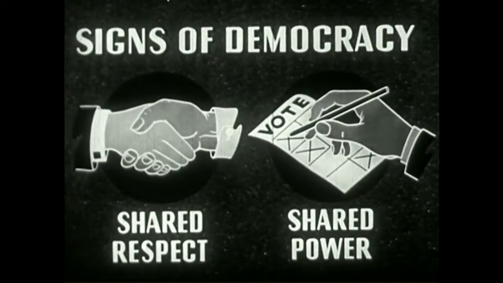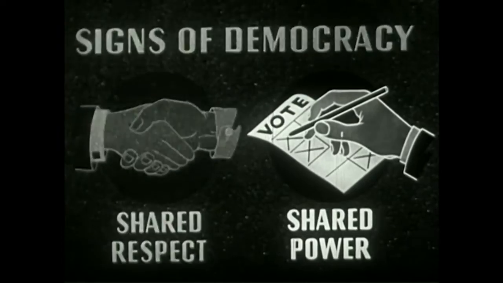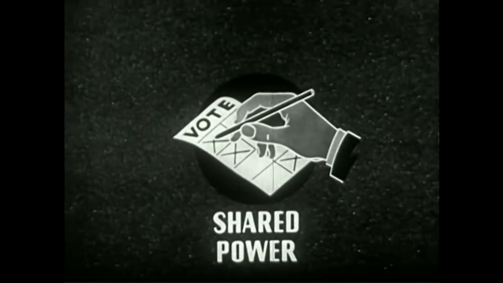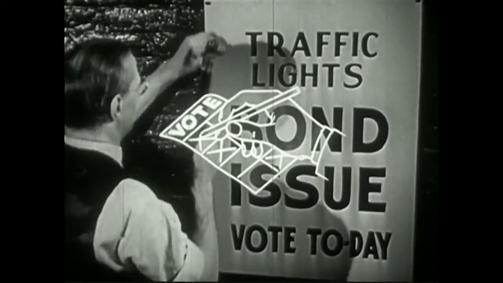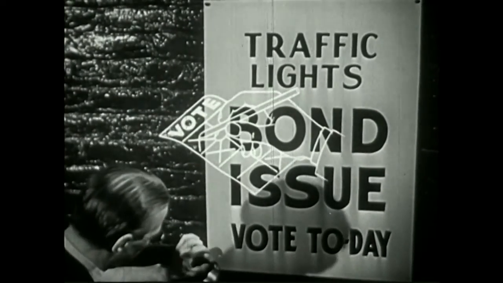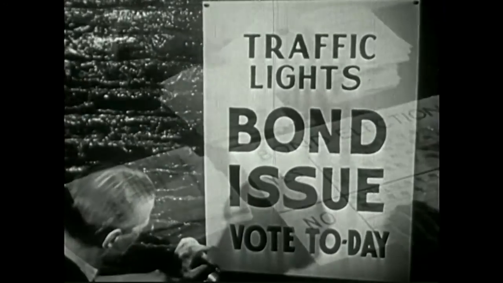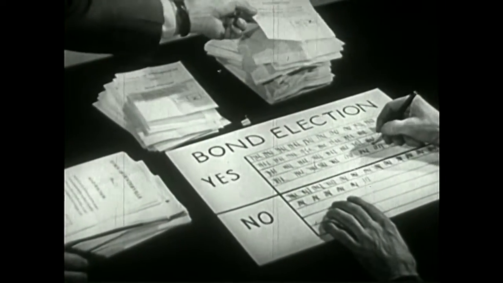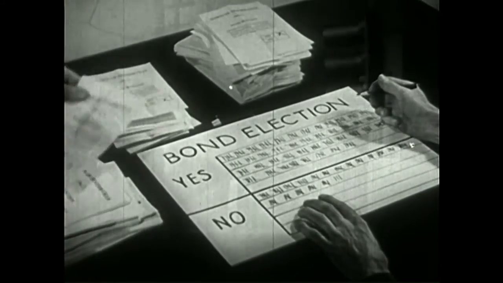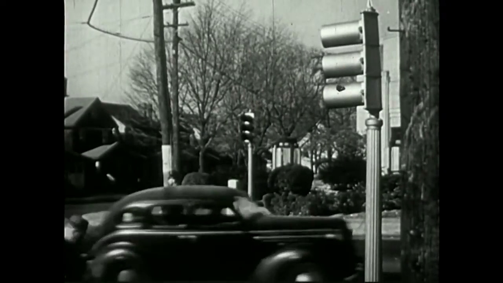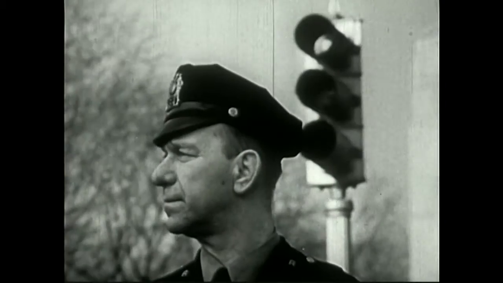And now let's see how we spot the second of the two signs of democracy, shared power. Most observers agree that there is true democracy in a community only if there is shared power. That is to say, only if many people have a share in making decisions that the community will support with force if necessary.